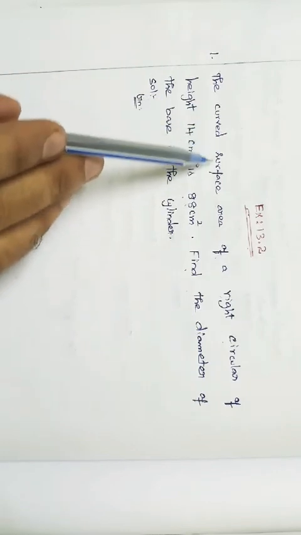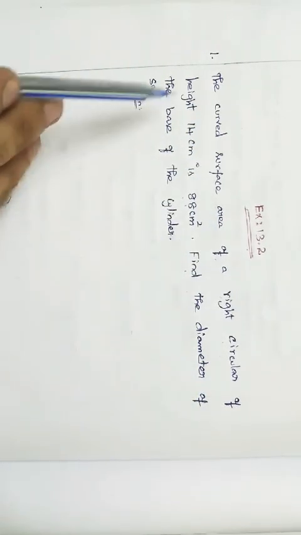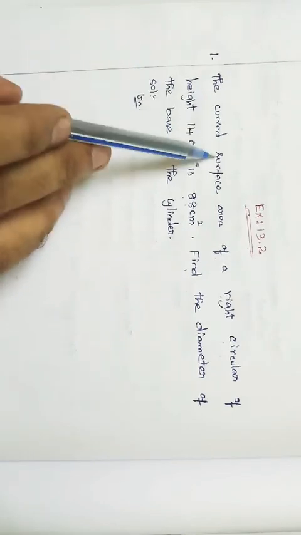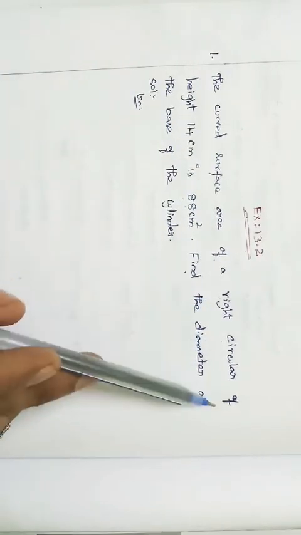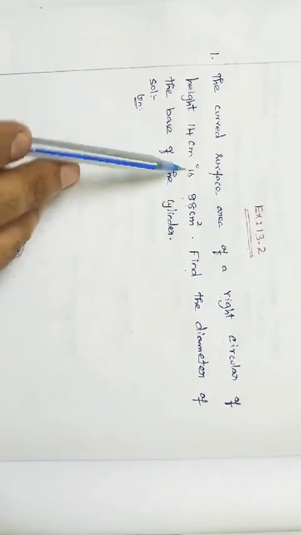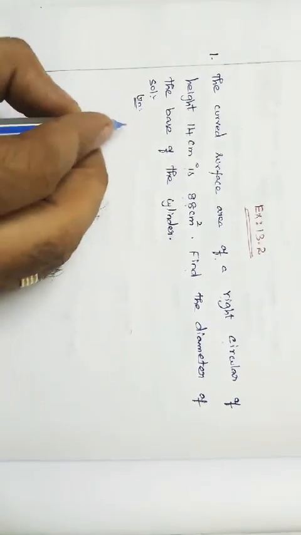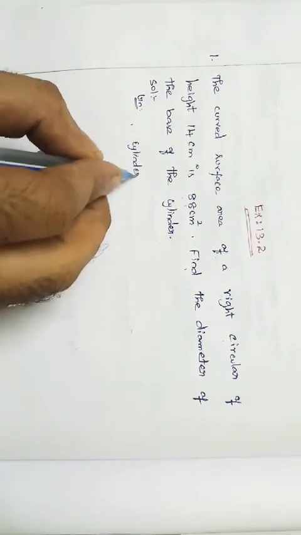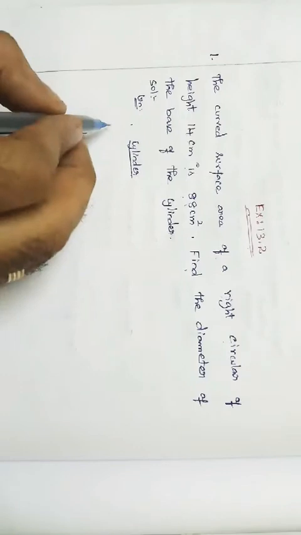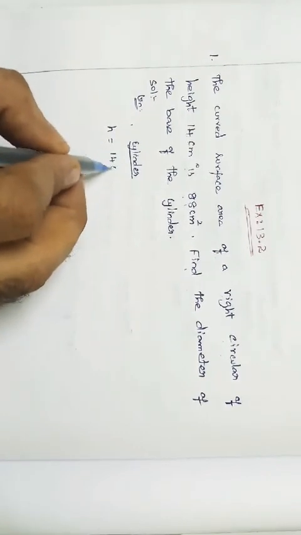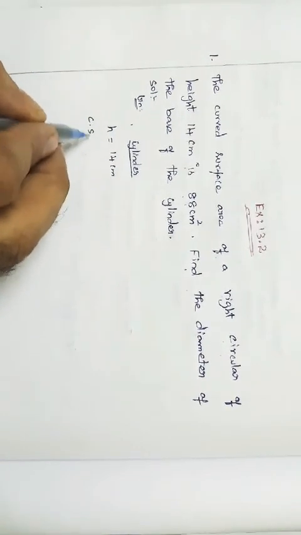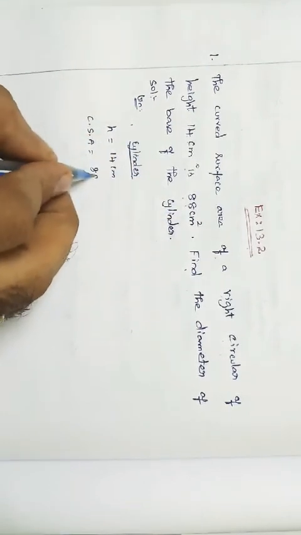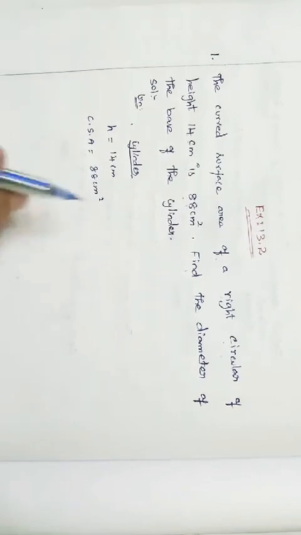They are talking about the curved surface area, and in between that they have given the height, that is, the height is 14 centimeter. The curved surface area of a right circular cylinder of height 14 centimeter is 88 centimeter square. So now we are talking about a cylinder. The height of the cylinder is equal to 14 centimeter, and the CSA of the cylinder is equal to 88 centimeter square.